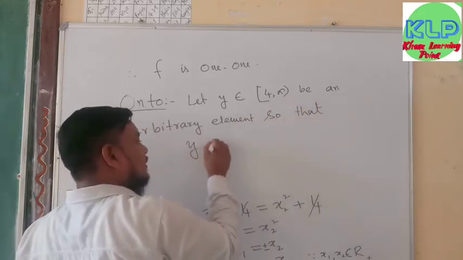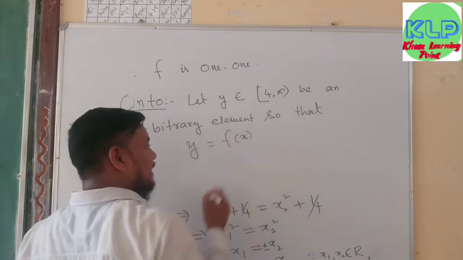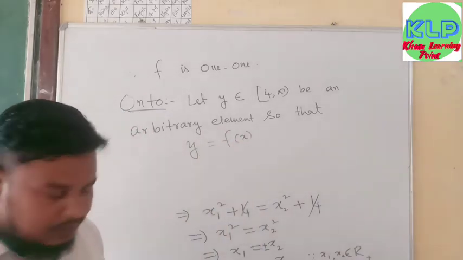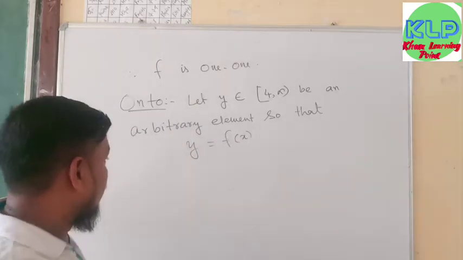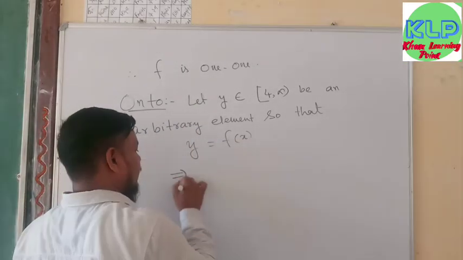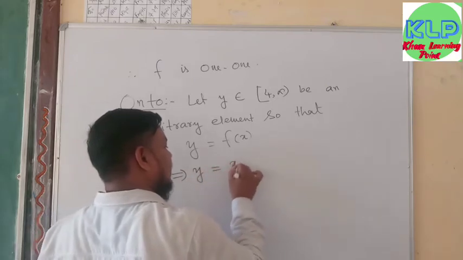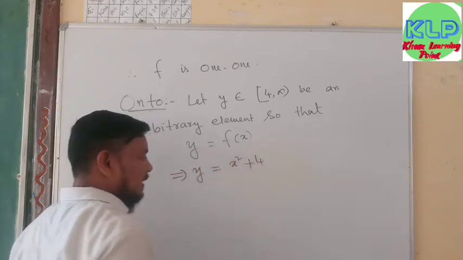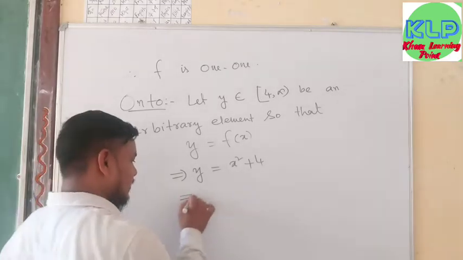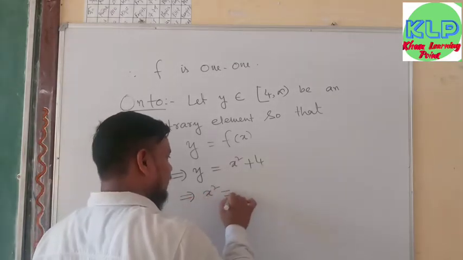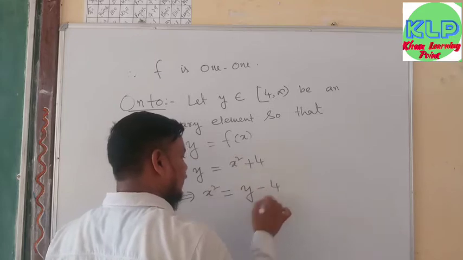y is equal to f of x. Therefore, y is equal to the value of f of x is equal to x square plus 4. Now, we'll find the value of x in terms of y. Therefore, x square is equal to y minus 4.